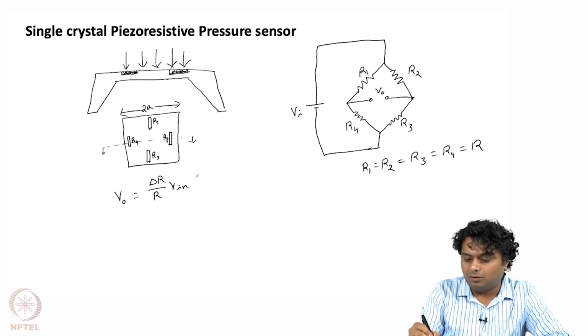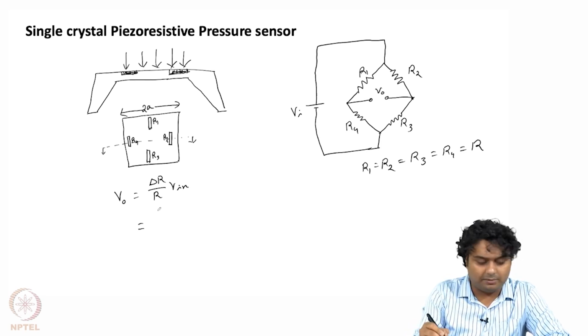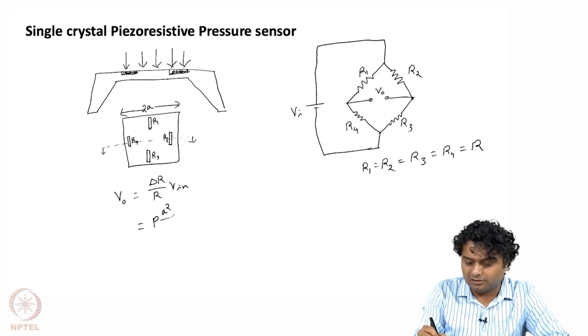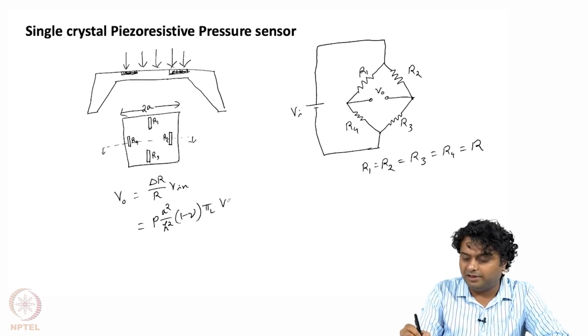And now I know what delta R by R is. Delta R by R is P into S square by H square into (1 minus nu) into pi L, and then V in.